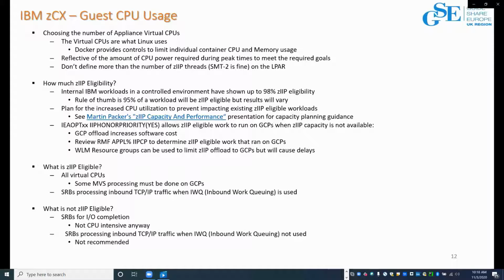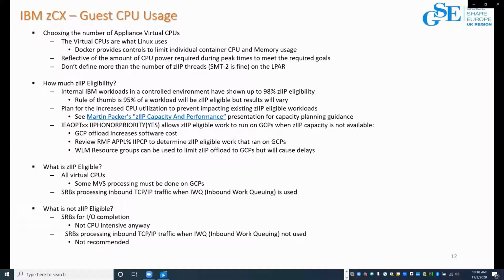So what is zIP eligible? All the virtual CPUs, we already covered that. They're running as regular MVS tasks. All of those are zIP eligible. 98% of the time, they're definitely running on zIPs. SRB processing for TCP/IP traffic when IWQ is defined is also zIP eligible. If you're not using IWQ, then it's not zIP eligible.